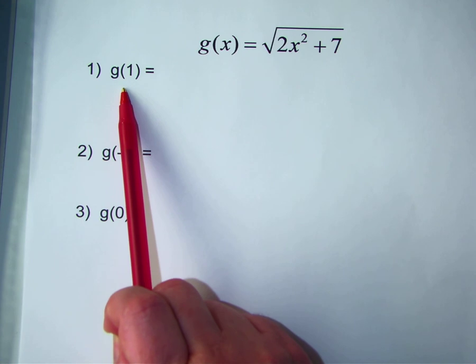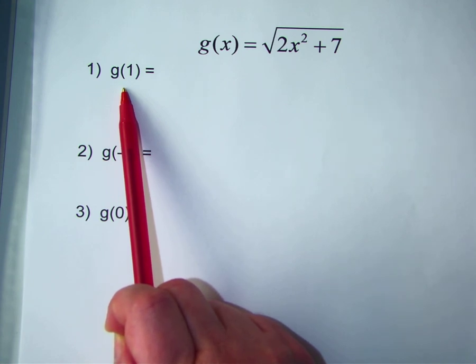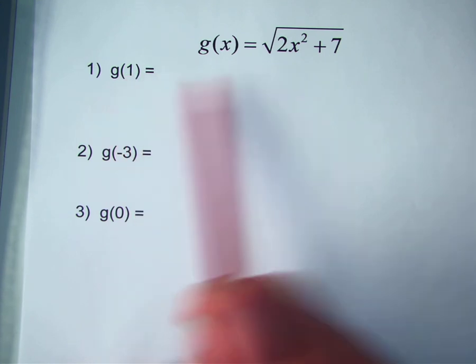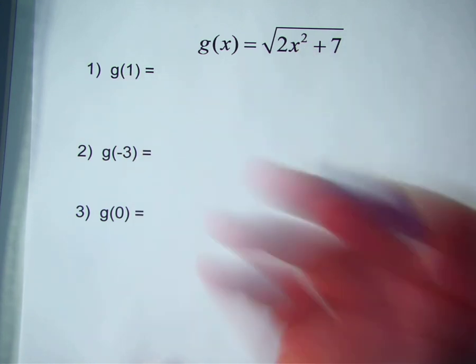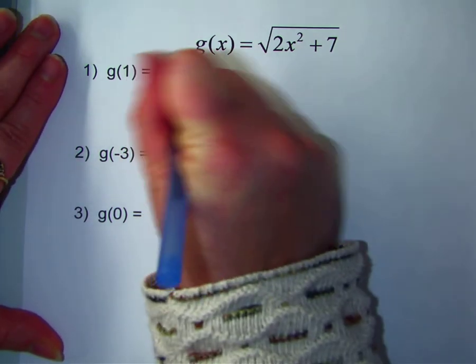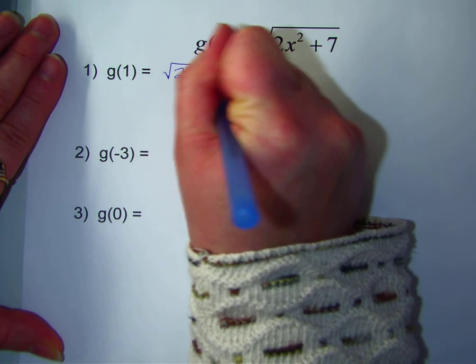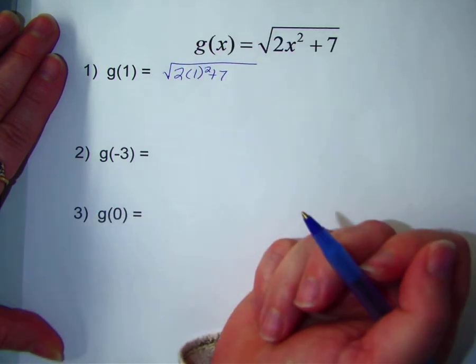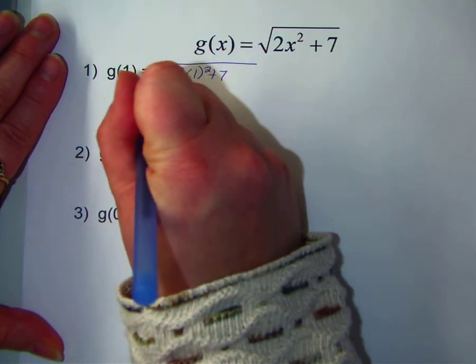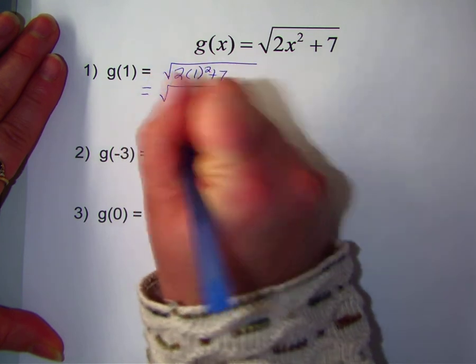So if I want to evaluate the function g when the input is 1, I'm going to substitute the 1 into the rule where x is. So here I've got the square root of 2 times 1 squared plus 7. And then just use your order of operations and simplify this to find the output.